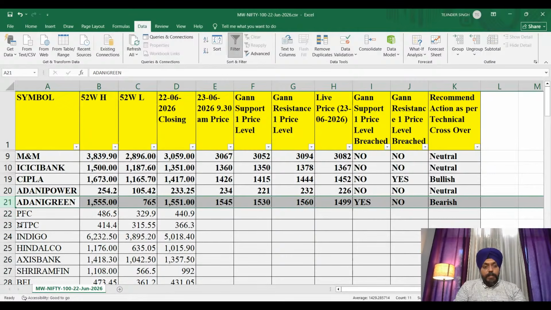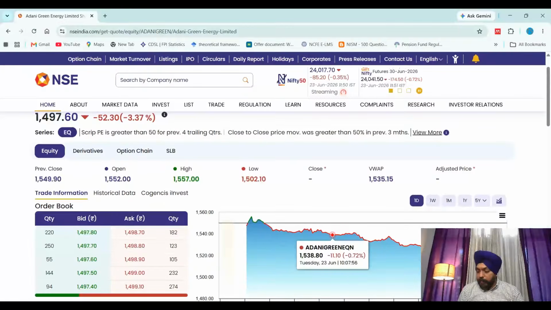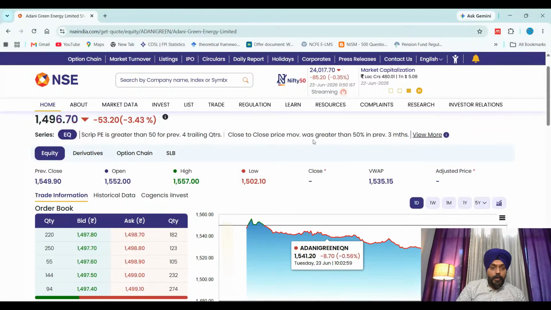Next, let's check PFC and NTPC. First we will find out for PFC and then for NTPC.